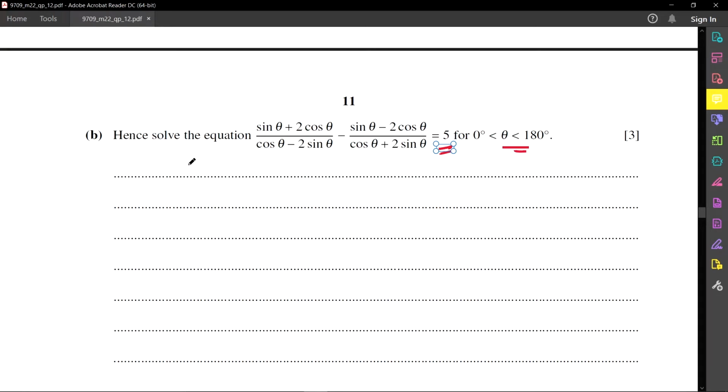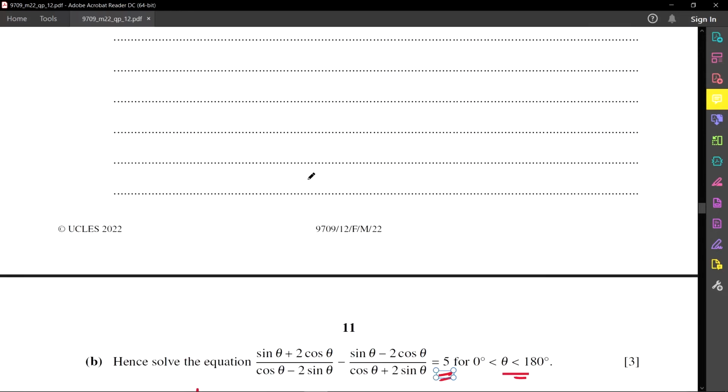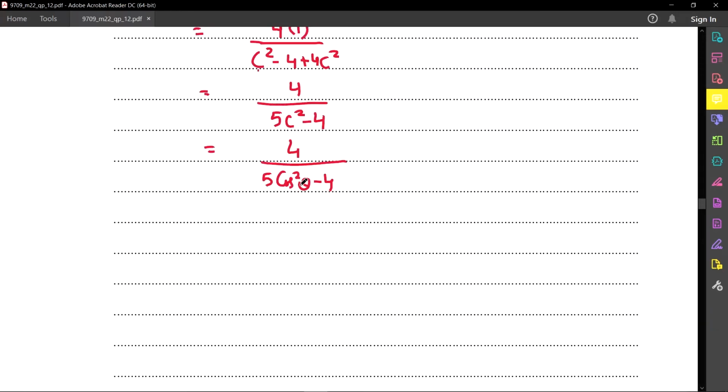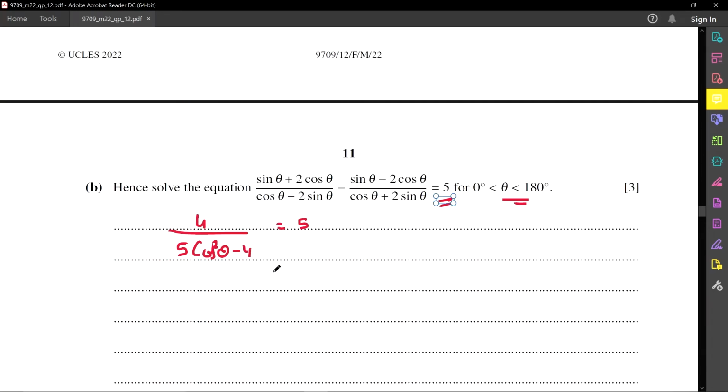So we already have 4 divided by 5 cos square theta minus 4 equal to 5. Let's check, 4 by 5 cos square minus 4. Yes. So you can cross multiply.